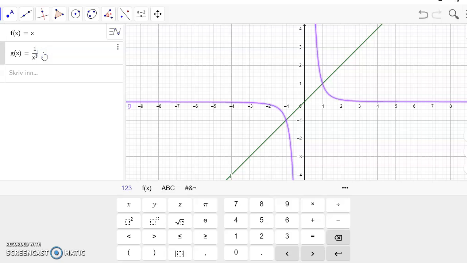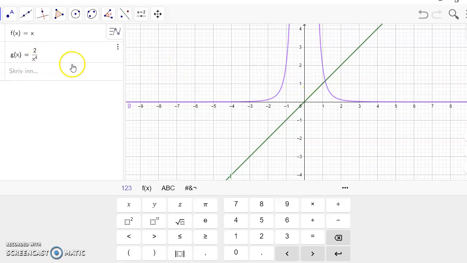We could try 2 to the power of 2 divided by x to the power of 4. Okay.